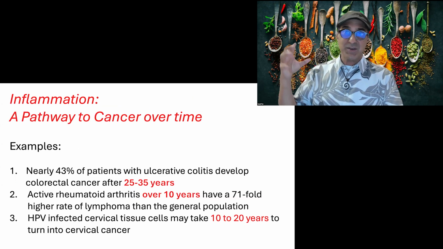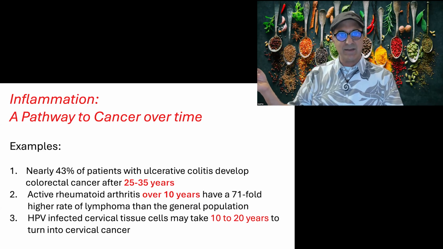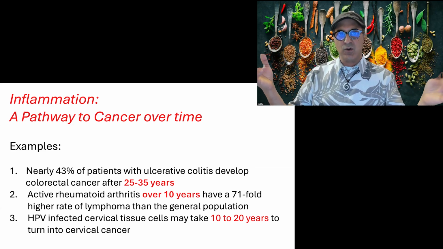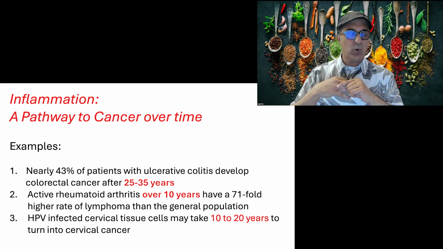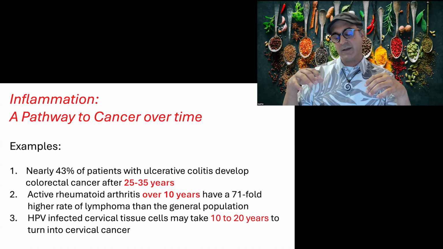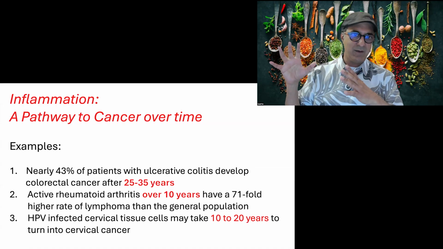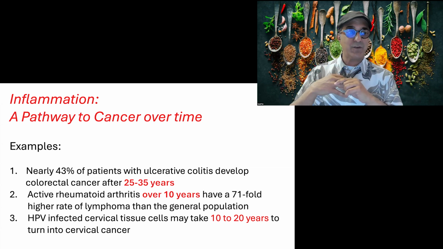But inflammation, aside from chronic degenerative diseases, also increases rates of cancer, right? So we know that with inflammation in the colon over 10 years, 20 years, and now 35 years or so, almost half of those patients will end up having colon cancer. Active rheumatoid arthritis, which is an inflammatory, autoimmune condition, which we'll discuss later if you want, contributes to a 71-times higher rate of getting lymphoma, a type of cancer.